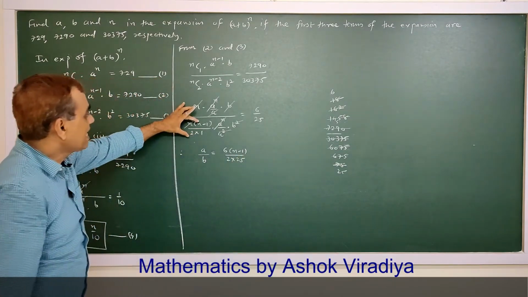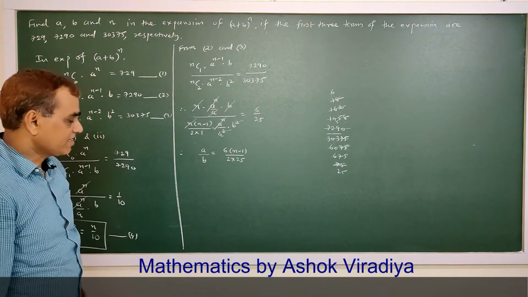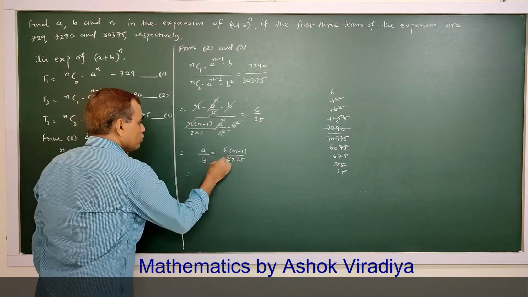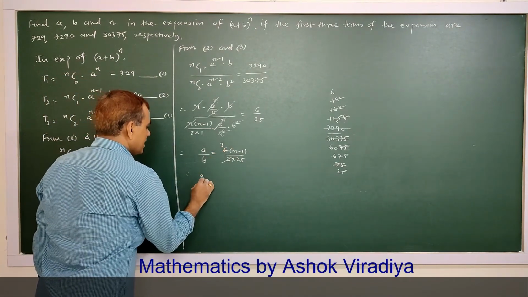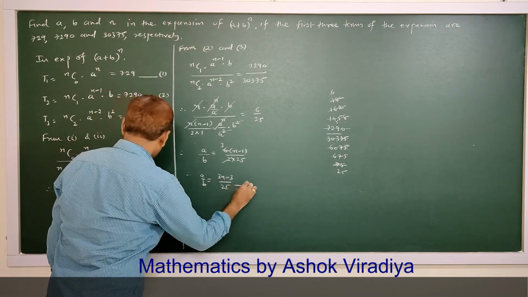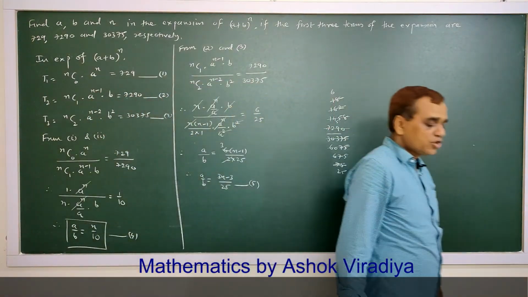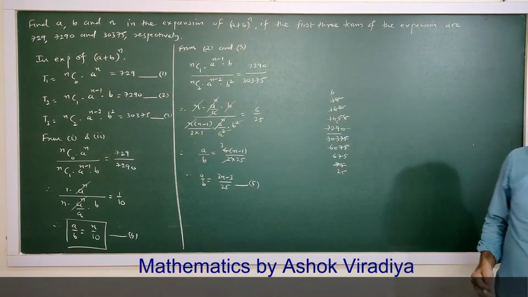So this number n minus 1 by 2 is multiplied on the right hand side. So this is 2 into 3, 6. So a by b is 3n minus 3 upon 25. So this is equation number 5. So here also we are getting the ratio of a and b.